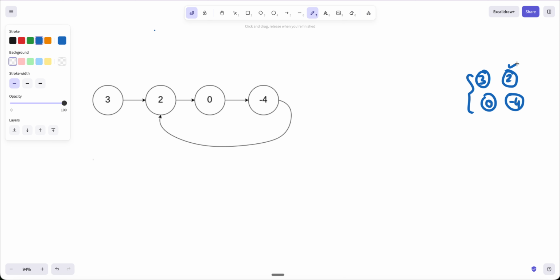We have already seen that. If we have seen that already, that means the cycle is there. So whenever you find any node which is present in the set, then it means there is a loop.